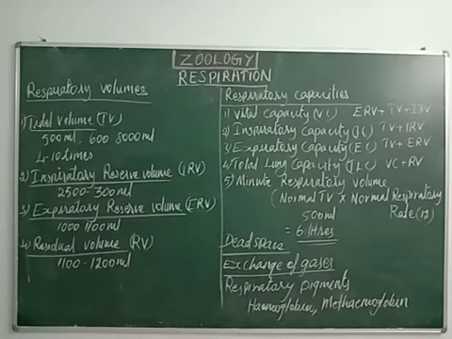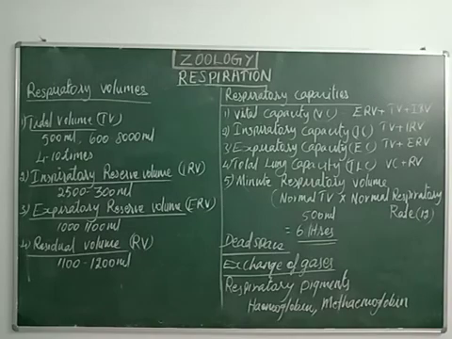Then the third capacity is expiratory capacity. Expiratory capacity means the total volume of air a person exhales after normal inspiration. Once we inhale the air, immediately next we are exhaling the air. So the total volume of air removed from the lungs after normal inspiration is called expiratory capacity.